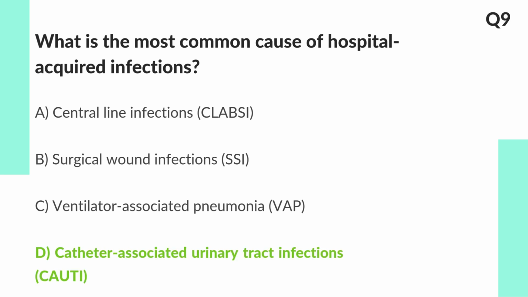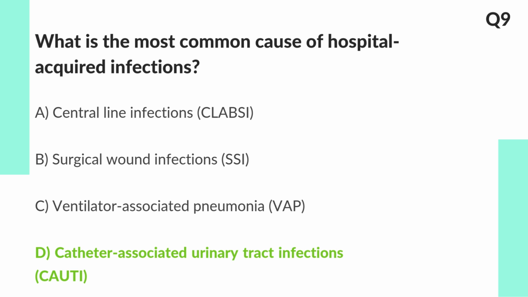The answer for the most common cause of nosocomial infection or hospital acquired infection is CAUTI, or catheter associated UTI. Or imagine if you're not having CAUTI here, if they have given urinary tract infection, you can choose urinary tract infection, UTI. It's the most common cause of nosocomial infection.